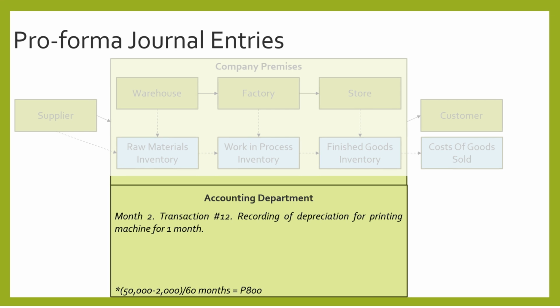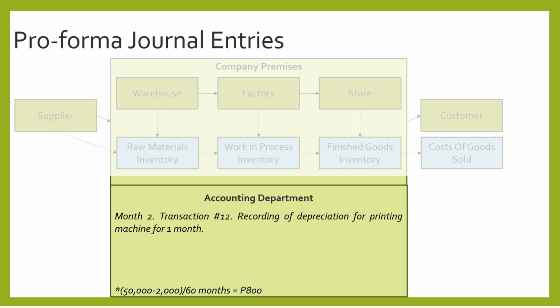Great! We are now on the last transaction. Transaction number 12 states, recording of depreciation for the printing machine for 1 month. It is assumed that the machine was used only during month 2. During the training, we used the machine from Happyware Corp, one of our suppliers.